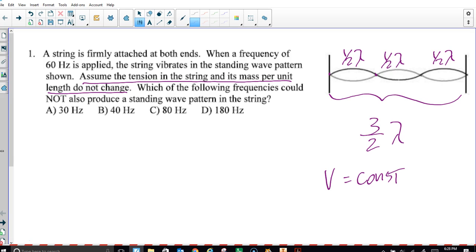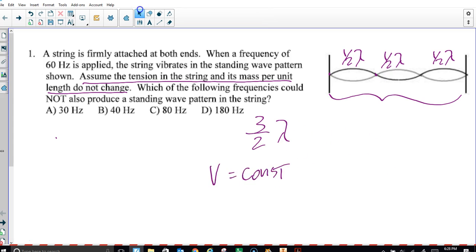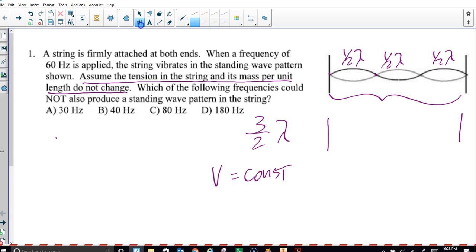Okay. So let's go back. For that same string, let me see here. So for that same length of string from there to there, what is the most fundamental frequency or shape of the standing wave? And that would be a standing wave that would have one section.